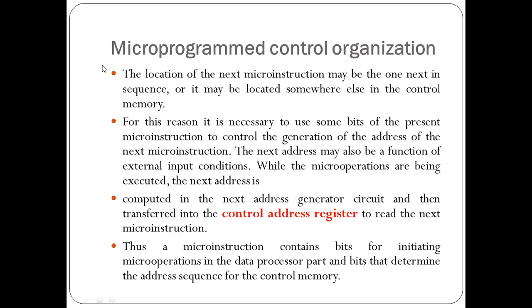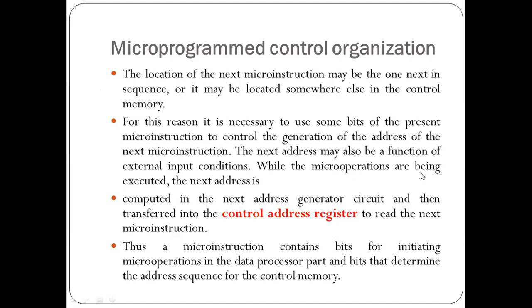The same thing is explained here. The location of the next micro instruction may be the one next in the sequence, or it may be located somewhere else in the control memory. For this reason, some of the bits present in the micro instruction control the generation of the address of the next micro instruction.